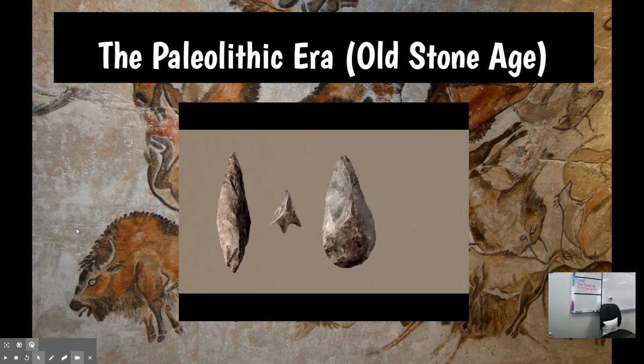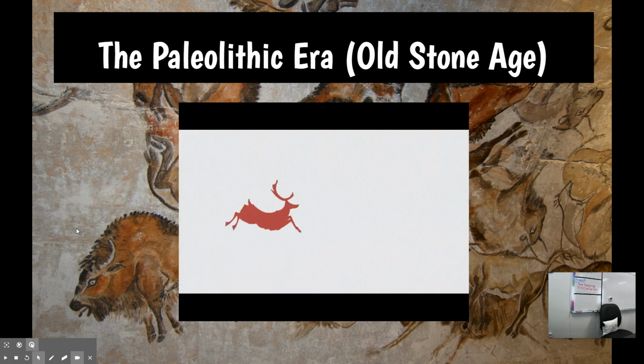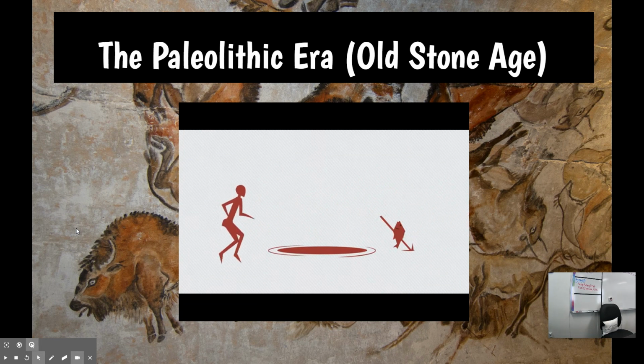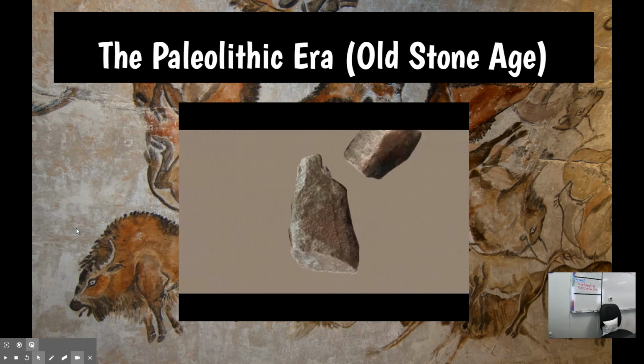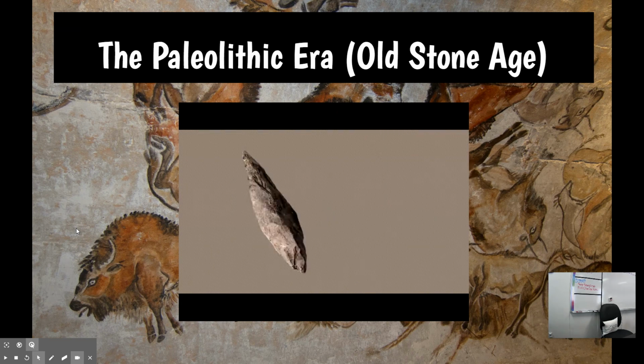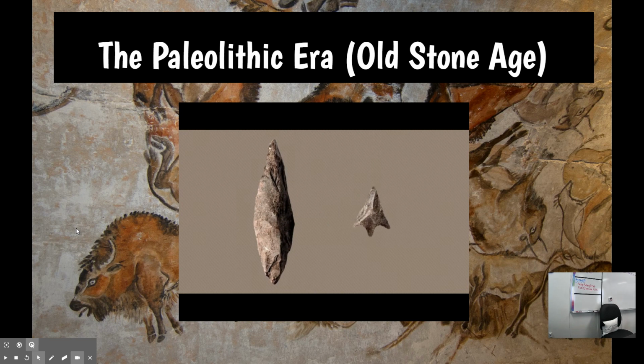The first stone tools were made during the Paleolithic times. These tools were key to surviving because they made hunting and fishing easier and more effective. This was great because they could get more food. To make these tools, they shaped stones using another stone. Some of the first primitive tools were knives or arrowheads.